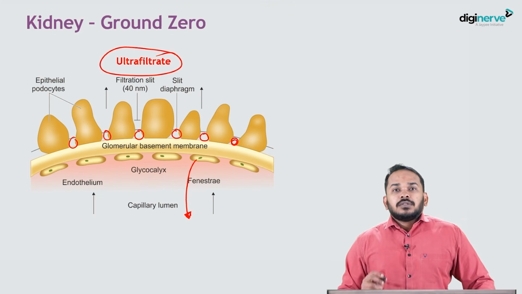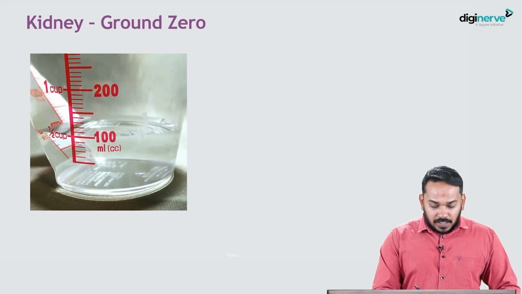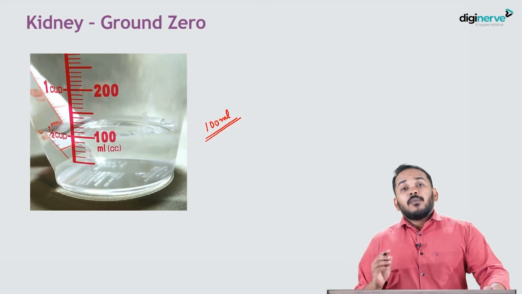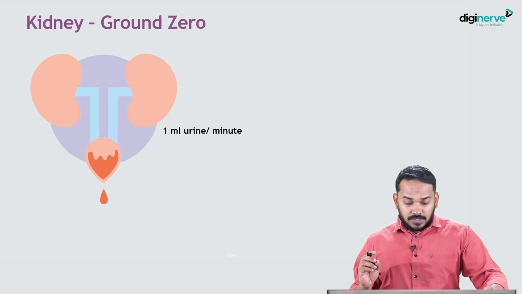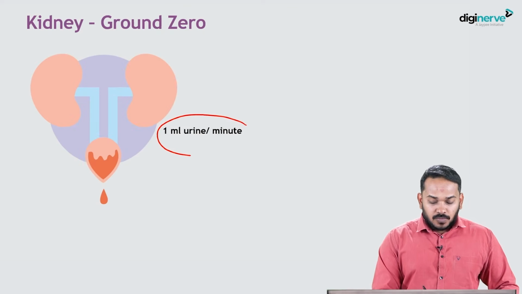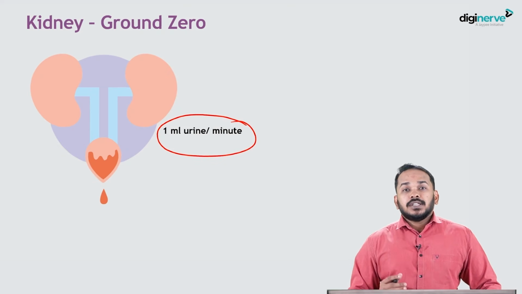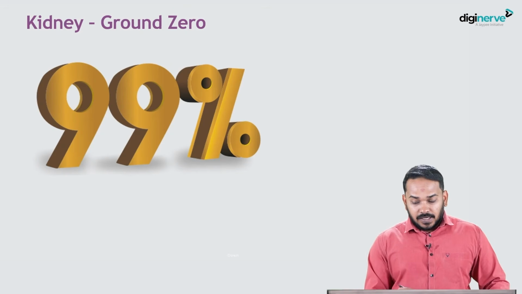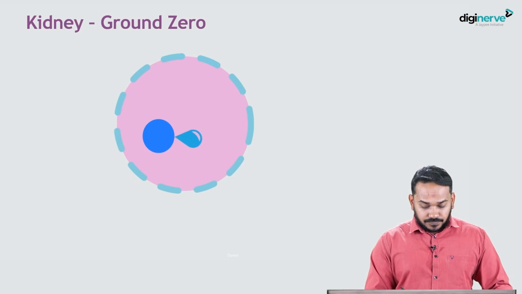About 100 ml of ultrafiltrate is produced per minute, but the amount of urine produced is 1 ml. So almost 99% of the ultrafiltrate is reabsorbed.